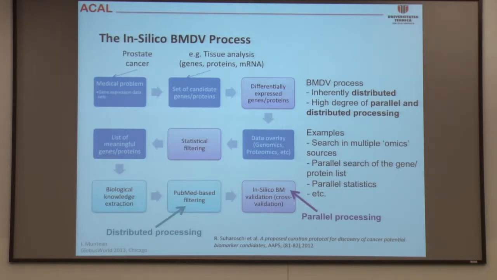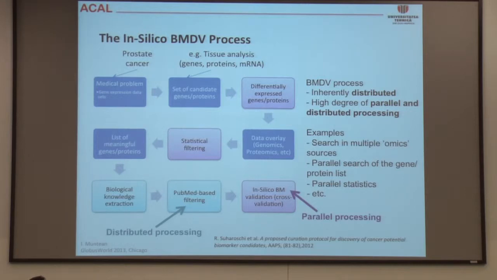The first step here is to detect abnormalities. There are some biological values, such as the p-value or the fold change value, that tell you whether this gene or protein is deemed abnormal.